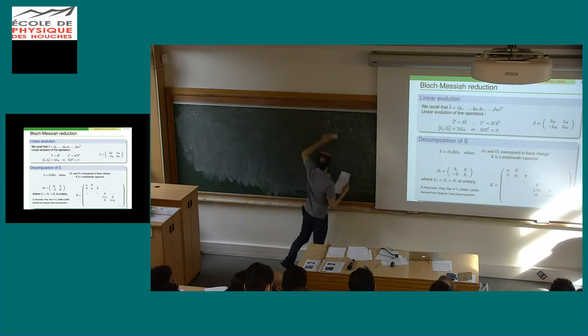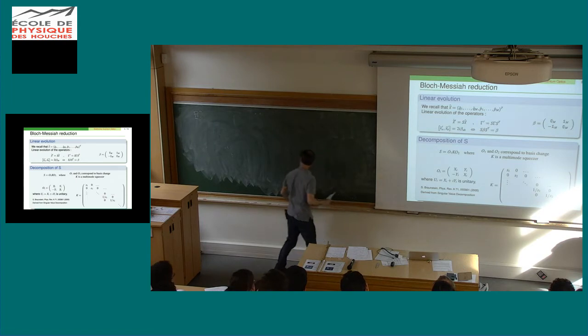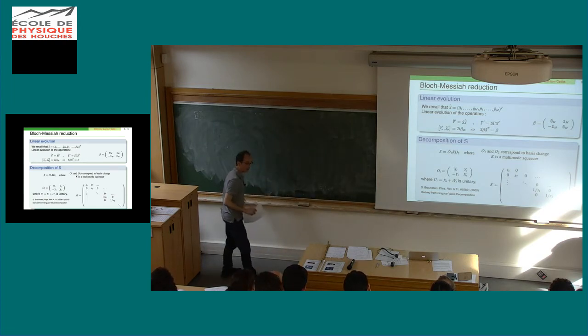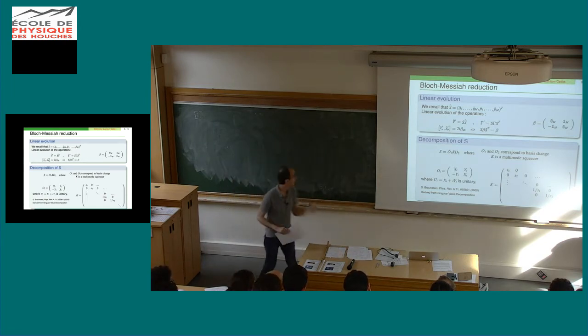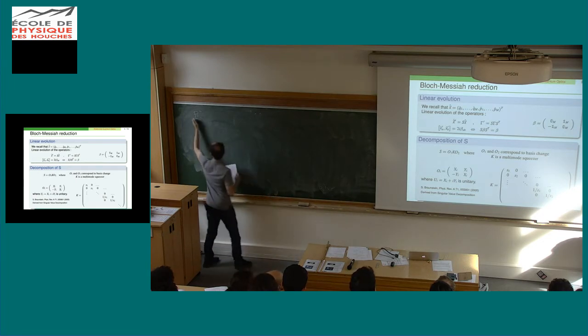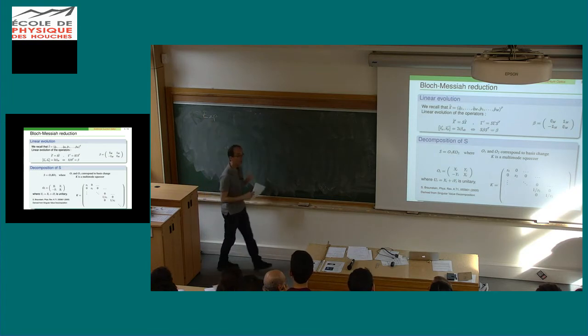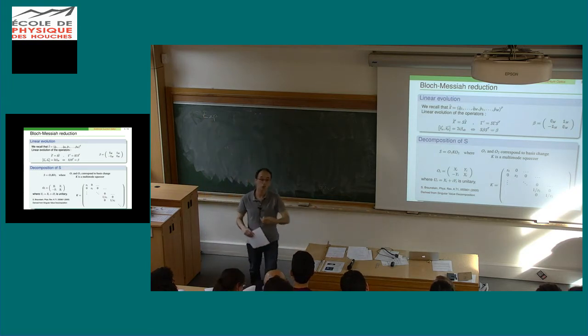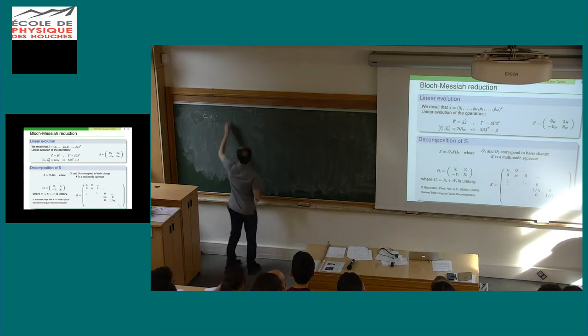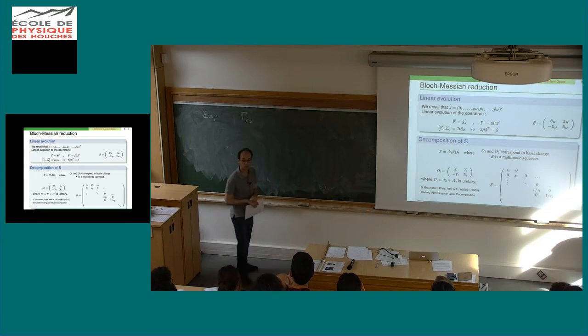So why is this interesting? Because if I write my covariance matrix, now if I do an experiment with a linear evolution, so you can think of a quadratic Hamiltonian, because we have seen before that a quadratic Hamiltonian is a linear evolution. So what you will get, when you do an experiment, usually in this quadratic thing, you start from the vacuum, to which you apply your linear evolution.